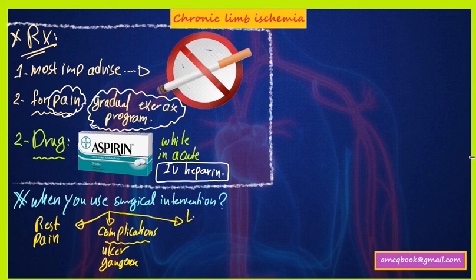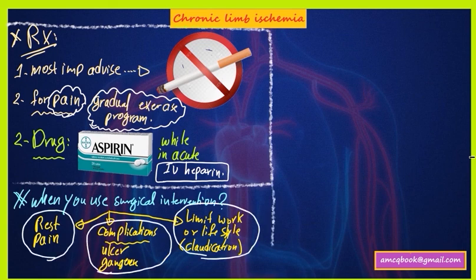Finally, we need surgical intervention in case of severe symptoms that interfere with the work or lifestyle of the patient. For example, if the patient needs to walk for a long time due to his job, and this cannot be coped with anymore due to the pain and the claudication, at this stage we need to intervene surgically.